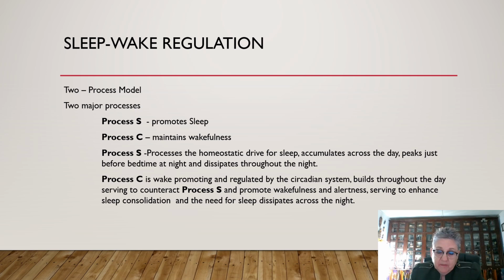REM sleep is characterized by chaotic autonomic activity, and other outputs are sent to the forebrain, including activation of the cholinergic pathways to the thalamus to activate the EEG. Hope that makes sense. We'll go through it again as we go through this.